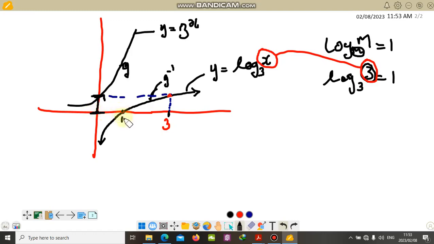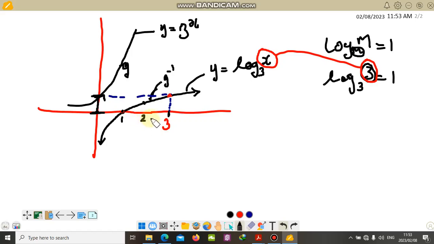So we know that x has to be greater than 1 in order for y to be greater than 0. Meaning any point here, for example, if you have x value of 2, y is going to be somewhere positive. It's a number which is greater than 0.